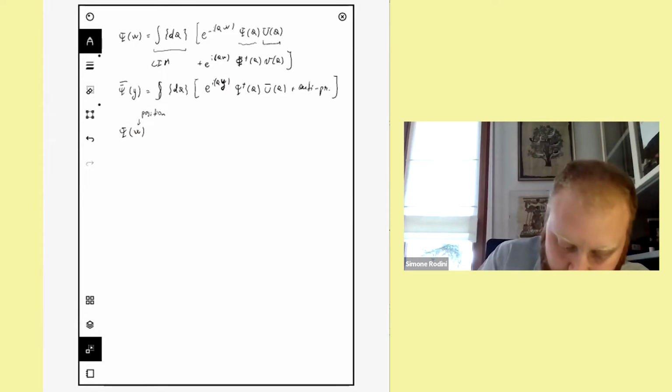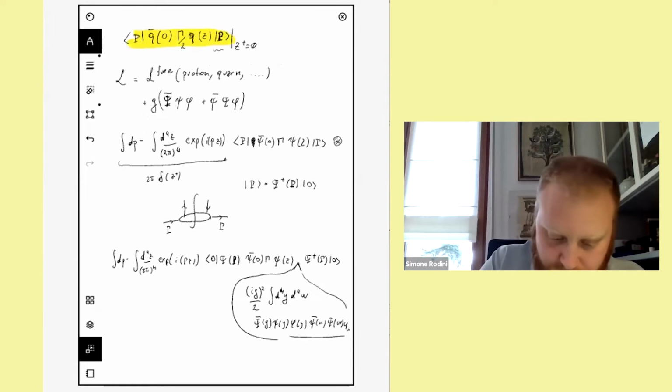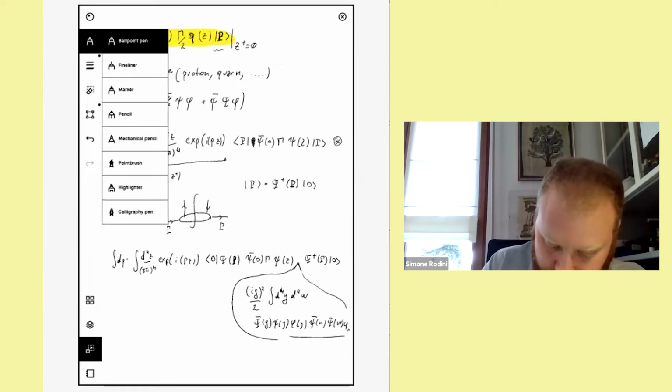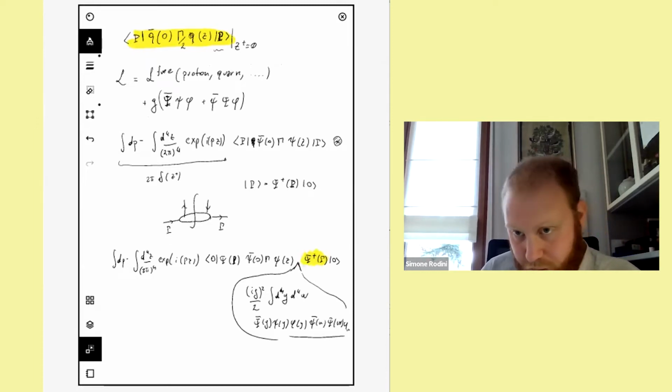So if we go back, you see that you end up having this psi dagger of P, which is momentum P, and psi of W, right?